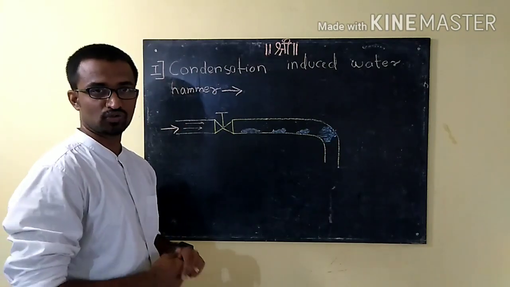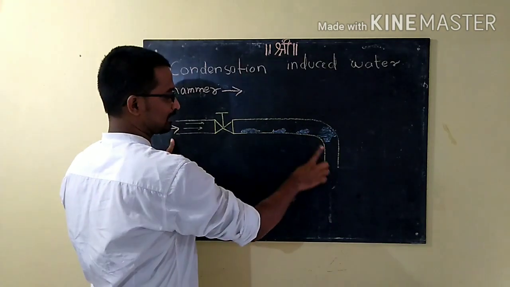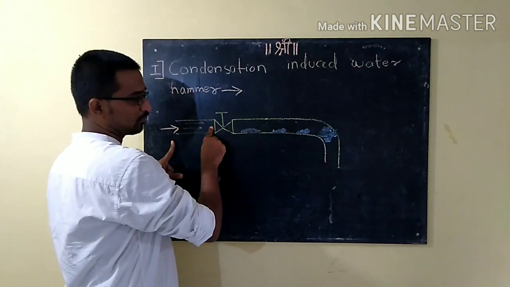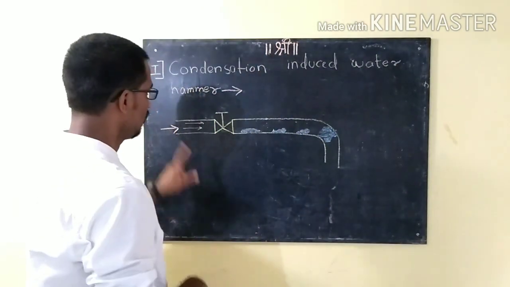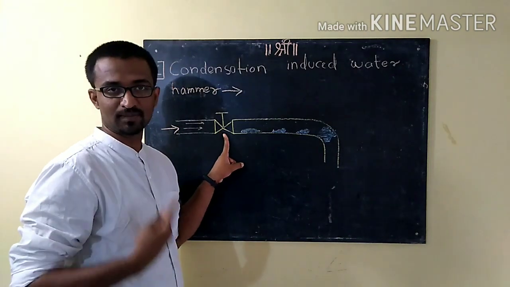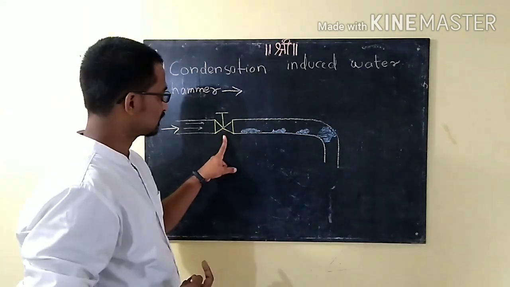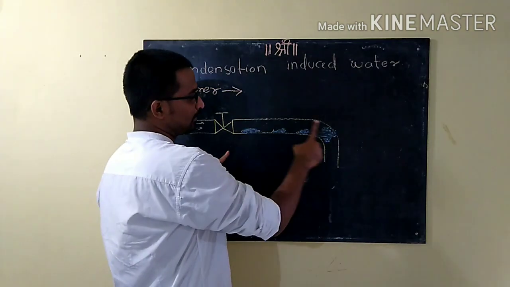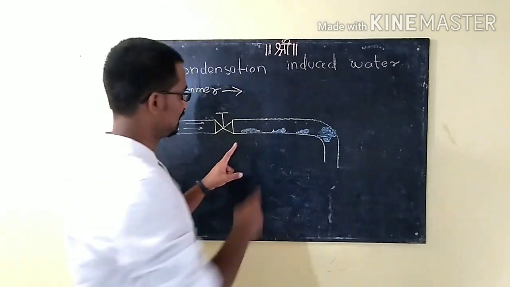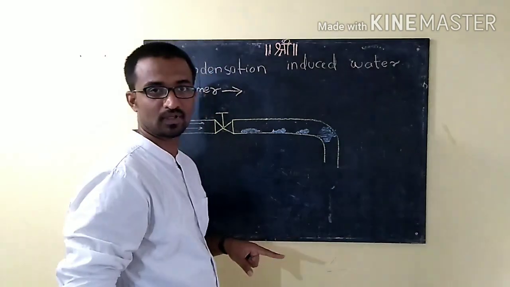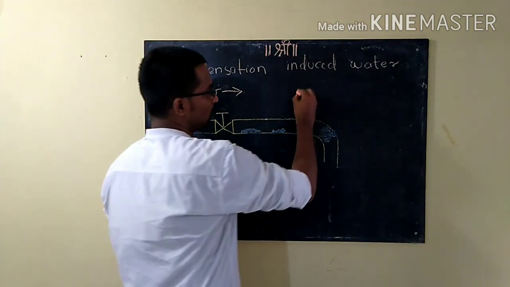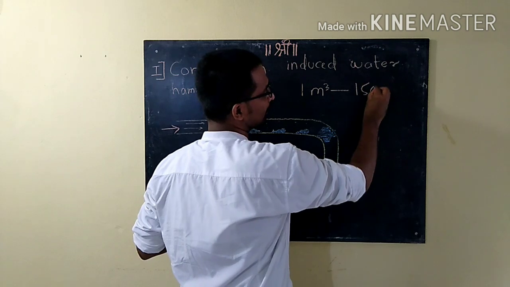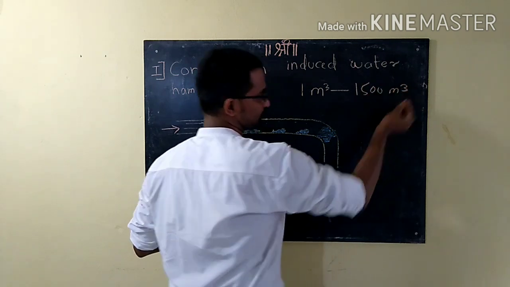So guys, now we will discuss the condensation induced water hammer. Suppose this is a steam line, this is a steam valve, and the steam direction is coming from this side and going to this side. If your valve is closed for some time, two things will happen. First, the steam inside the pipe will get condensed and form water. Second, as we all know, 1 cubic meter of water generates around 1500 cubic meters of steam.